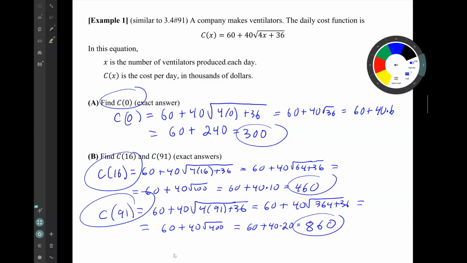Now what about these results? C parentheses 16 and C parentheses 91. Those are the costs of producing 16 ventilators per day or 91 ventilators per day. And the costs are in thousands of dollars. So if the company produces 16 ventilators per day, their costs are $460,000 per day.